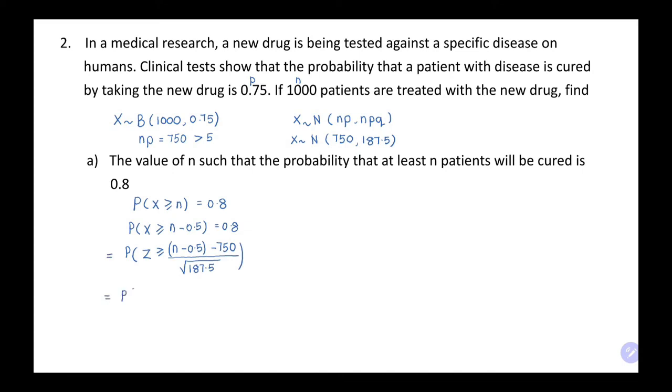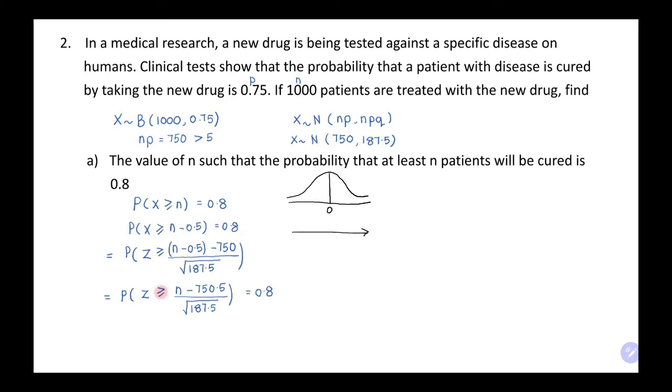Then we solve, we get Z greater than or equal to N minus 750.5 over square root of 187.5, and this one equals to 0.8. Then we check the area. We have Z greater than or equal to N minus 750.5 divided by square root of 187.5, and this area equals to 0.8. Greater or equal means our area is to the right side.